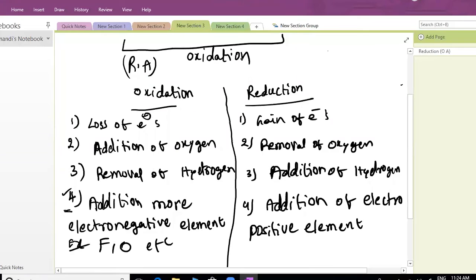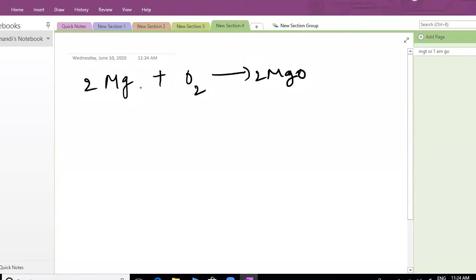How many definitions can we apply for this one? First point, which is oxidation reduction. Find oxidation reduction. Then which definitions can you apply? If any definition is satisfied, that is okay.